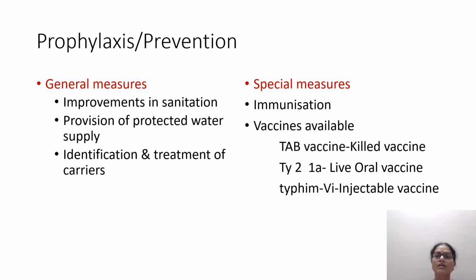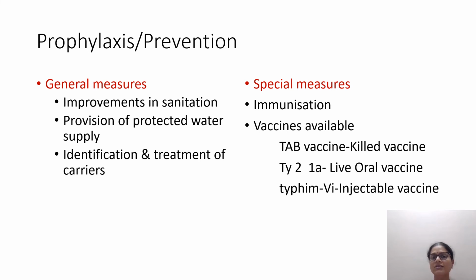It is basically a killed vaccine which contains 10 to the power of 9 Salmonella typhi cells, 10 to the power of 7 Salmonella paratyphi A and B cells in 1 ml. It is usually given in 2 doses of 0.5 ml subcutaneously at an interval of 4 to 6 weeks.